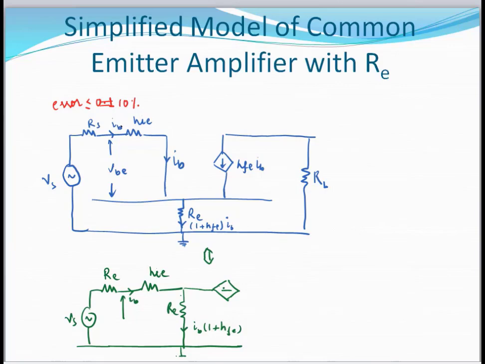This is the current control current source HFE IB, and this is RL.